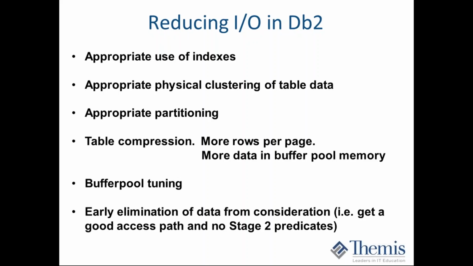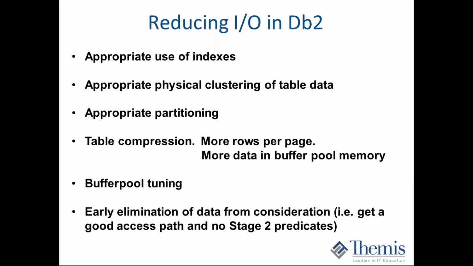So if you write a query in the morning and execute it and it takes 3 or 4 or 5 seconds to come back in your query tool with the result set, all that data has been retrieved and is now in memory. If you go write that query again and execute it, what do you think is going to happen? That query is going to come back in a microsecond because the data is sitting in memory now. So trying to keep as much data in memory is a big part of performance and tuning also. That's what we call our buffer pool tuning.